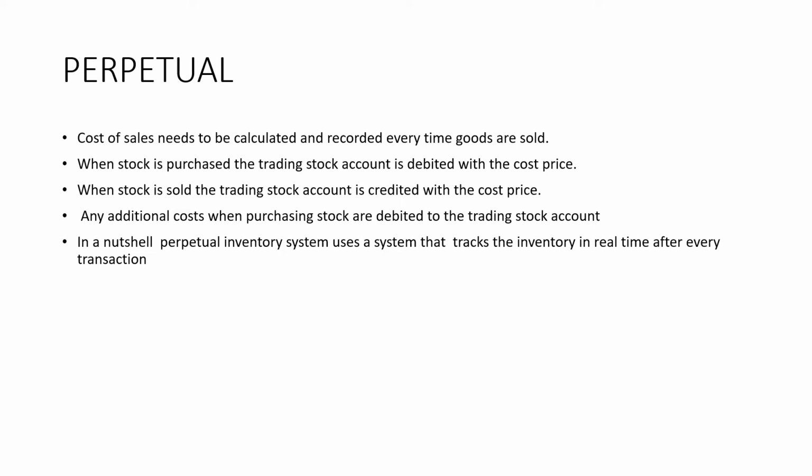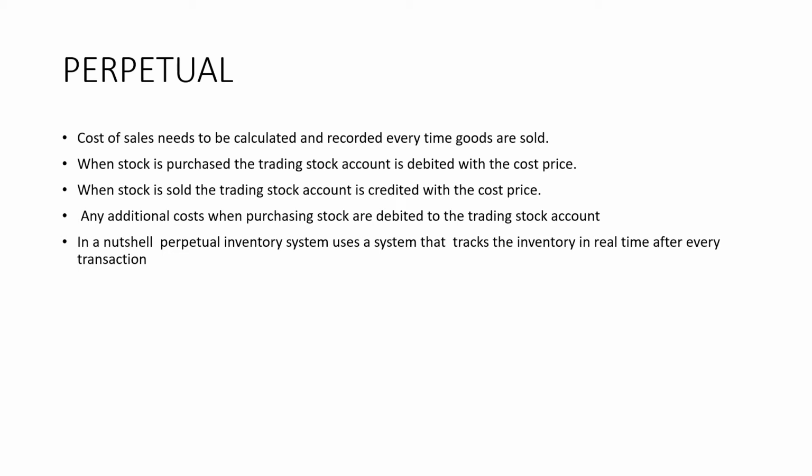This changes our assets, because remember, inventory is an asset. So when we debit our trading stock account, we're increasing our assets, and when we credit our trading stock account, we're decreasing our assets.